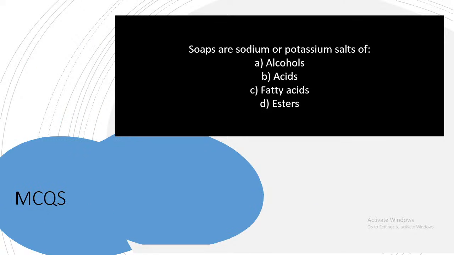Now, let's do saponification. Soaps are sodium or potassium salts of: option A alcohol, option B acids, option C fatty acids, option D esters. So which is the correct option?